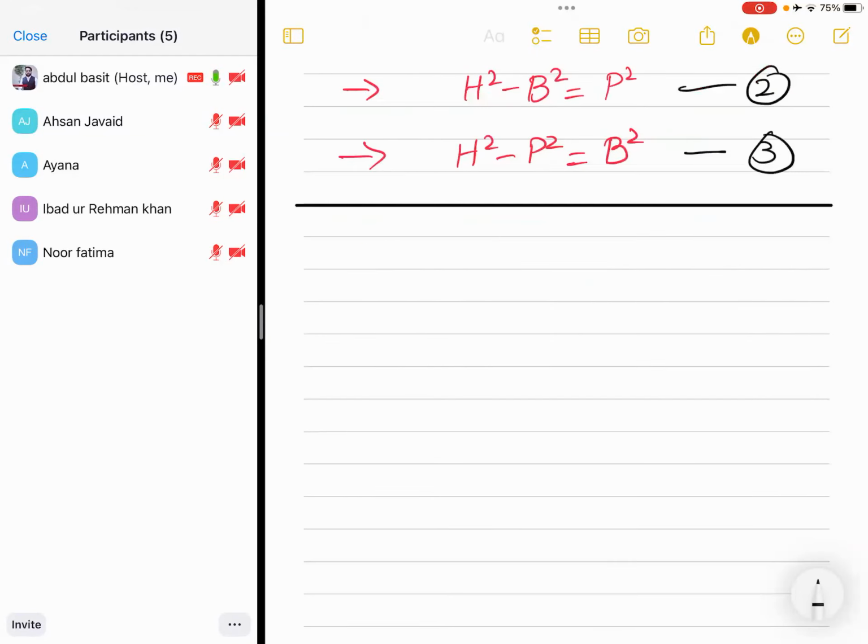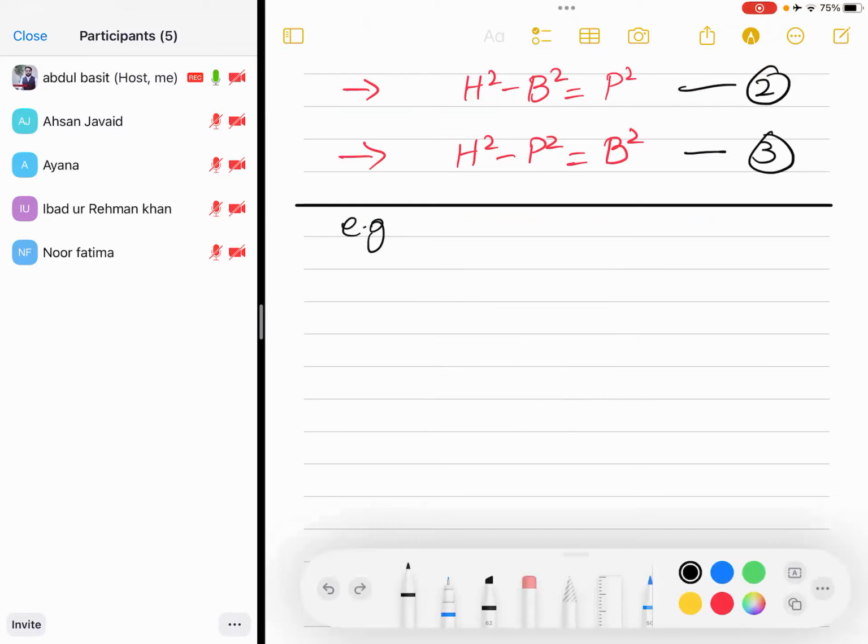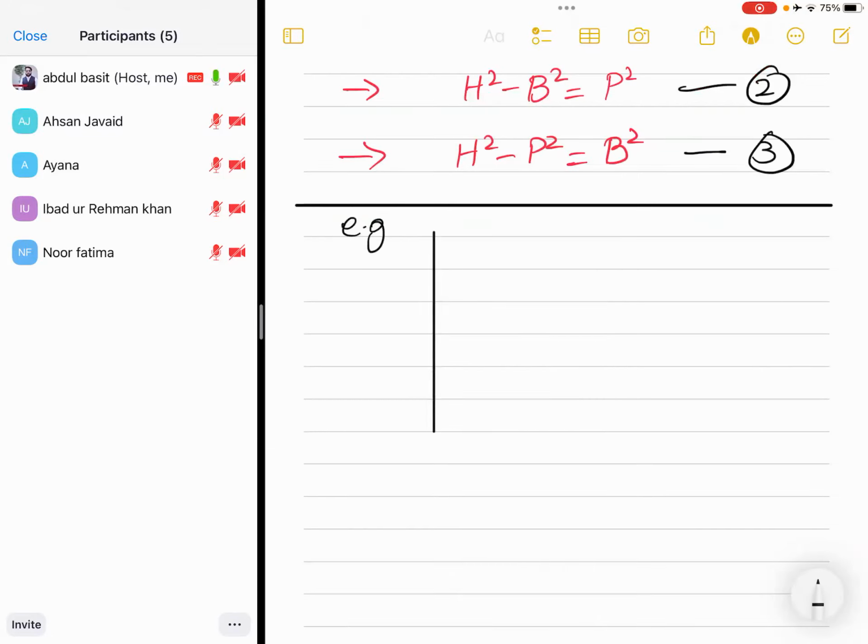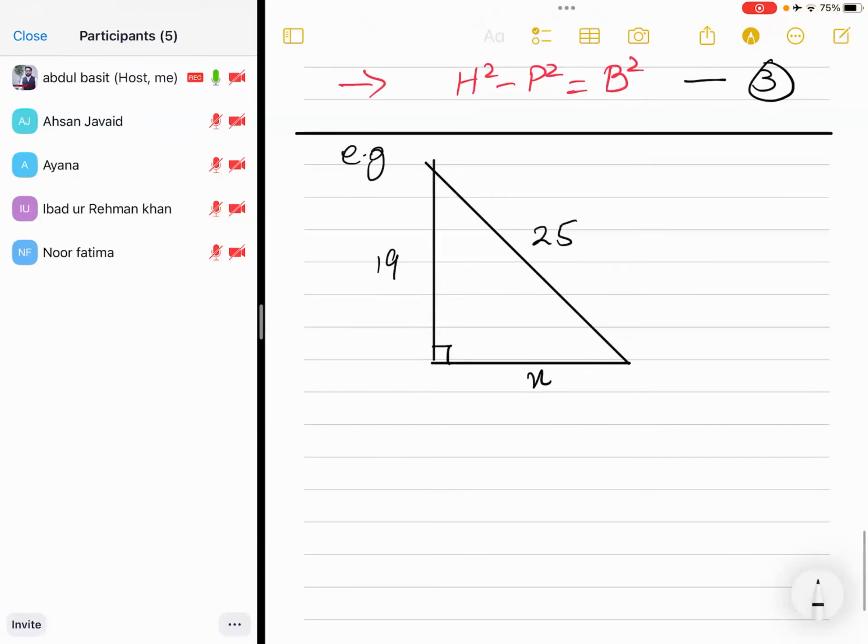Like for example के तौर पे एक question यहाँ पे लिख रहा हूँ. For example, let me just make a triangle here. For example, in this case, that is 90. For example, the hypotenuse is given. This is unknown, and for example, this is 19. And the exam is asking me what is the value of x. So we have the Pythagoras theorem.